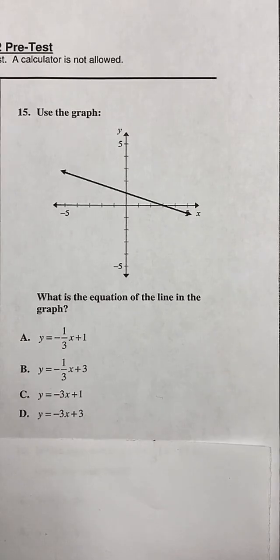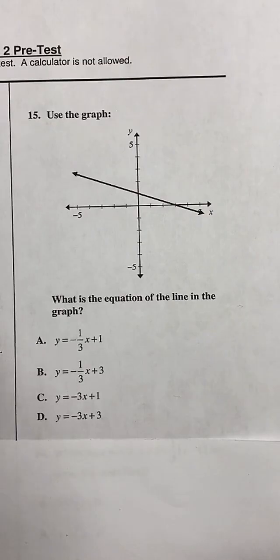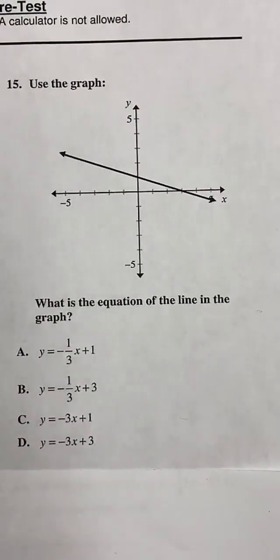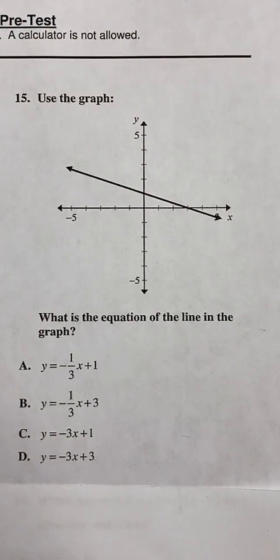Salinio is saying A. Lovely is saying C. For all my GED people, this is another 4-point question.